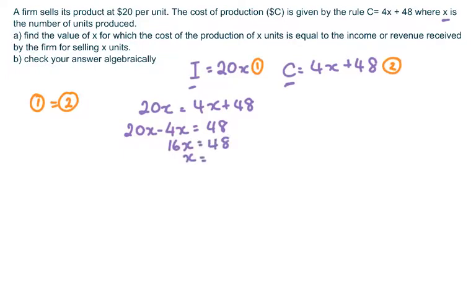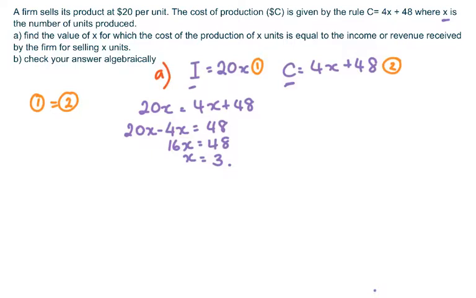Then 48 divided by 16 gives me 3. So the break-even point for this product occurs when we sell 3 units. That's the answer for A.